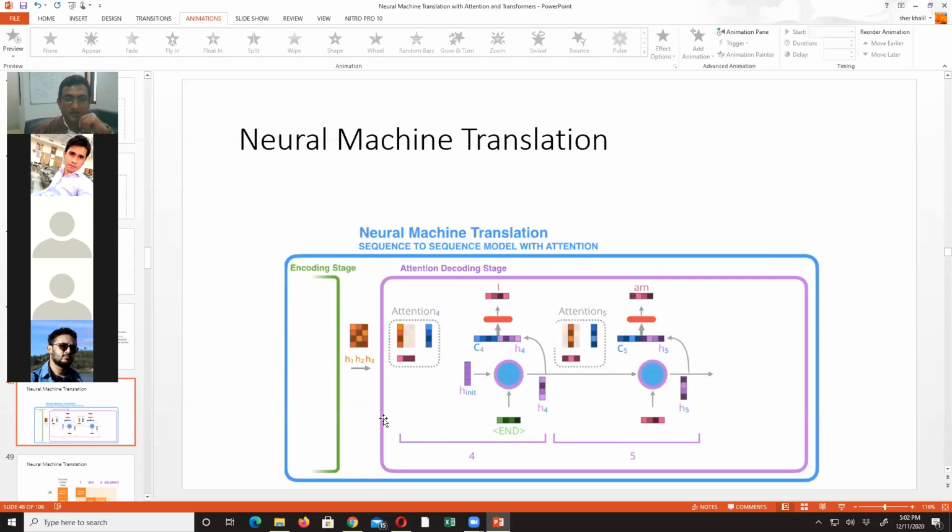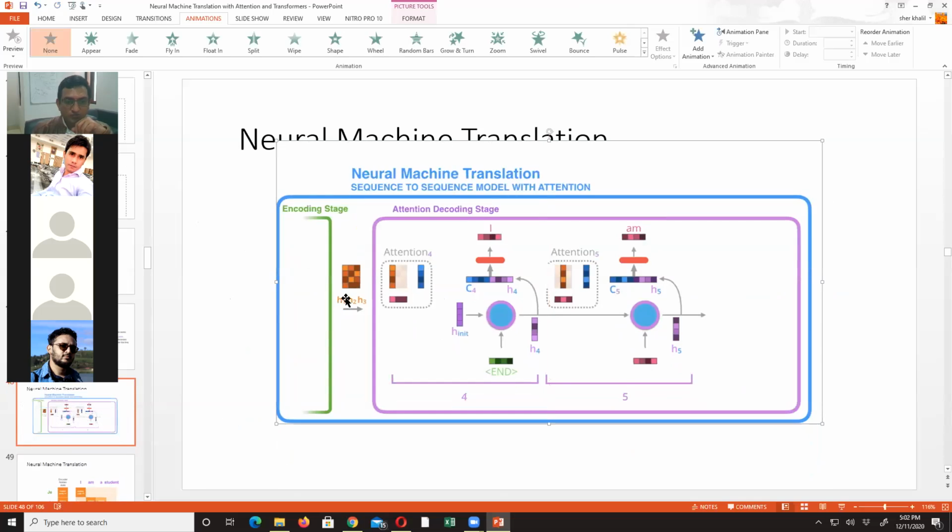So you can see here, now I think this will make more sense. We received H1, H2, H3. At this stage, attention 4, we performed the calculation you have seen, the calculation we saw in the previous slide. Here at the encoder, we are passing the first input and initial state.